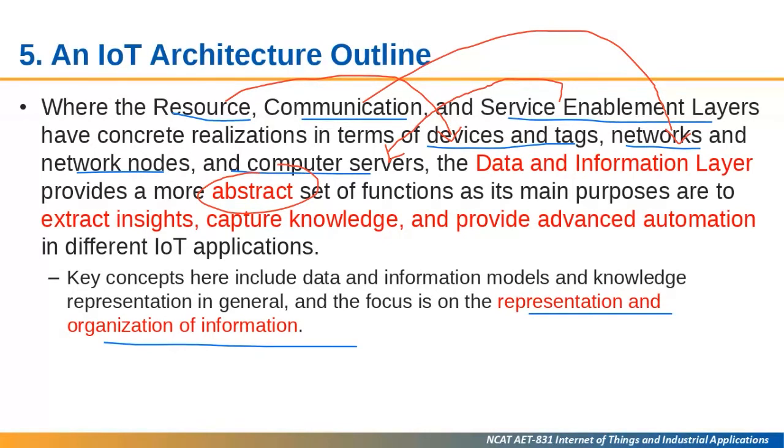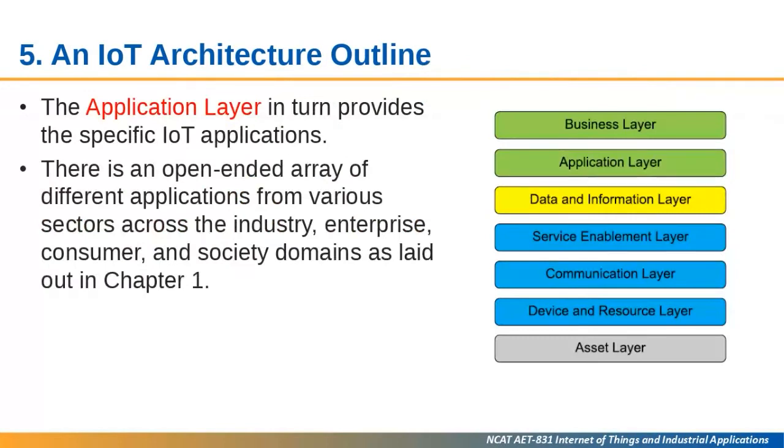After the data and information are organized, the application layer in turn provides specific IoT applications. For example, you may want to know changes in the temperature or the weather. You may want to use an app to find the nearest location of a restaurant.